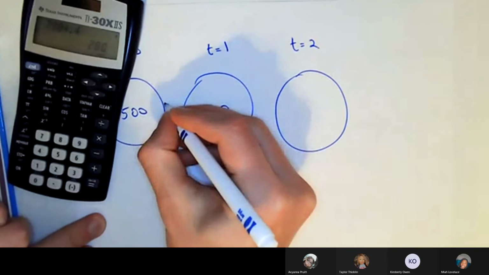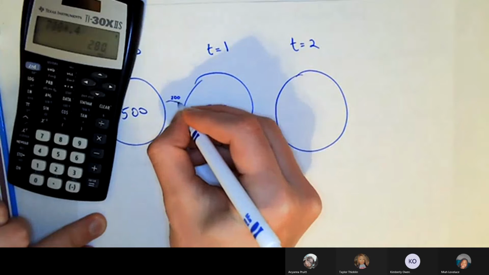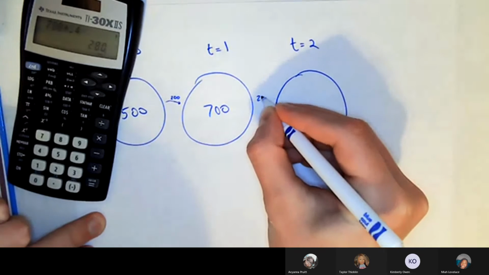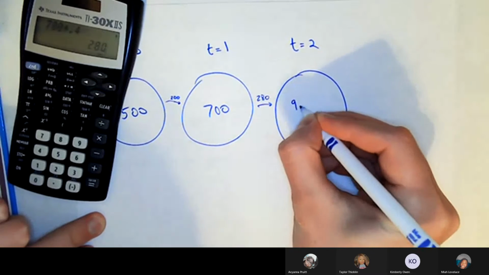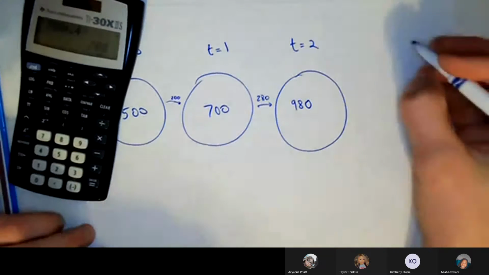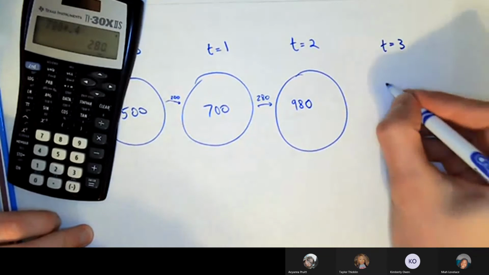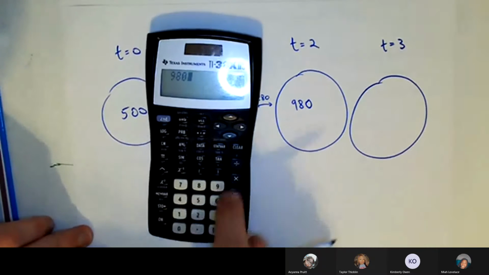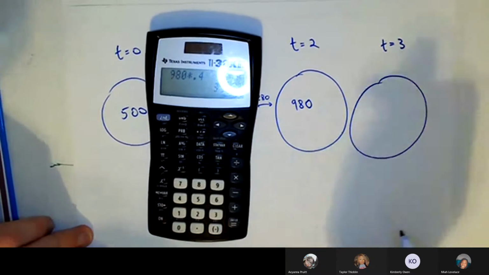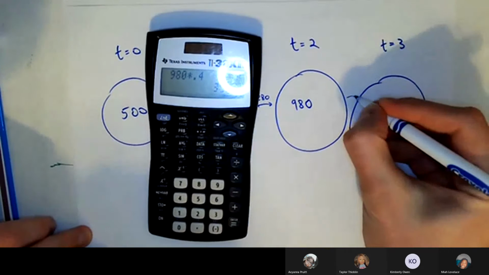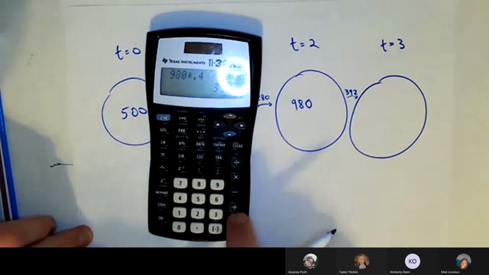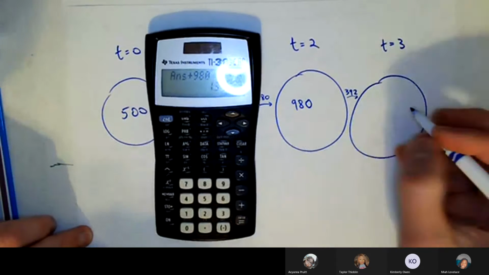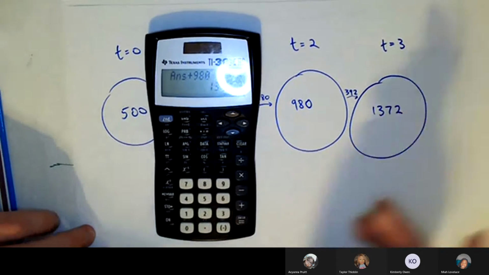First there was an increase of 200, now an increase of 280, so now there's 980. After another hour, I take 40% of 980, and that's an increase of 392. So let's add that on. Hopefully you're getting the picture.